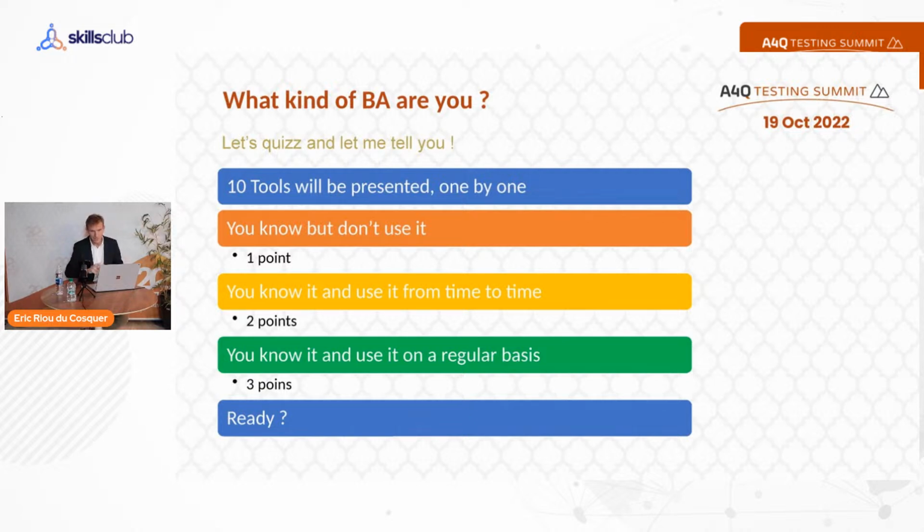They will know if the risks are associated to the most used areas of the system, yes or no. So they will have a good assessment of the business importance of the risks.